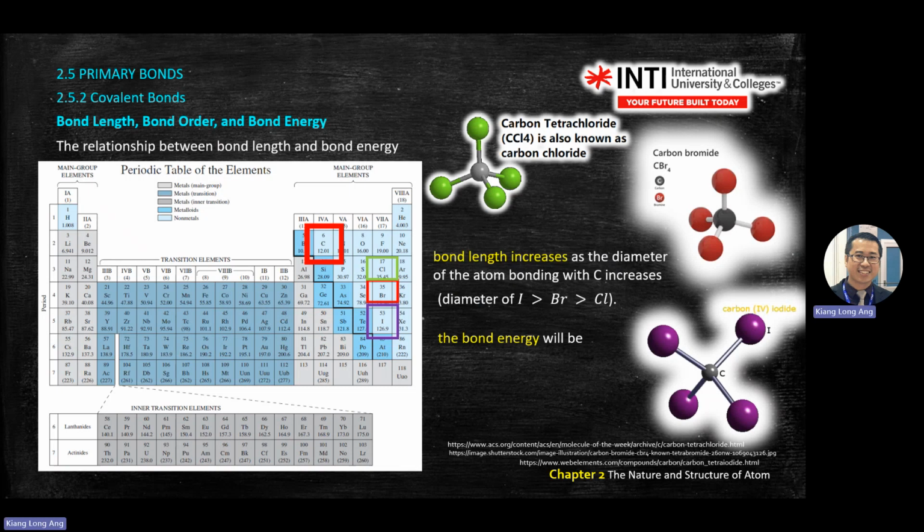So bond length increases. You have the diameter of I larger than Br larger than Cl. Because it's further below, so you go below, the diameter is bigger, right? So the greatest bond energy will be Cl. Okay, C and Cl will be the largest among C-Br and C-I.